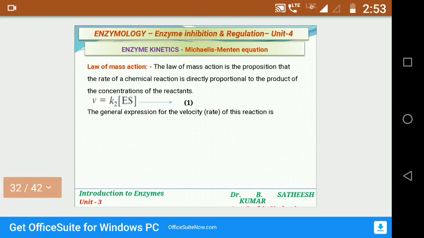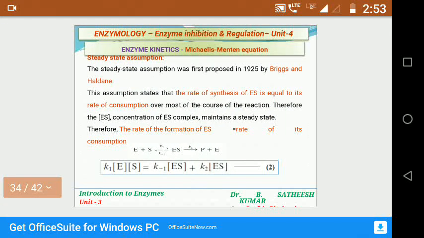And second one is the law of mass action. It states that the velocity of the reaction is directly proportional to the concentration of the reactants, not the product. Therefore V equal to K2 into ES. From the ES only the product will be formed. So that is why V equal to K2 into ES. And the third one is the steady state assumption.